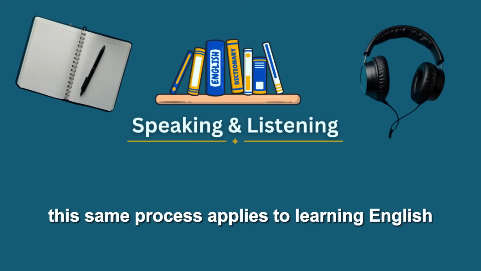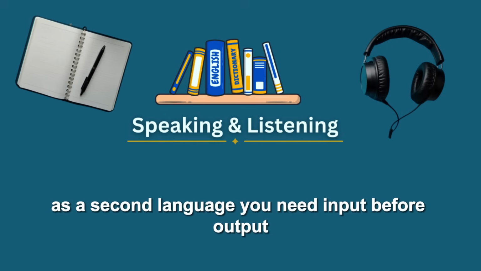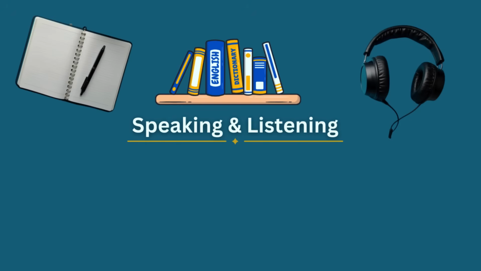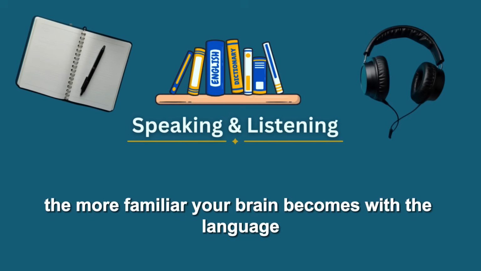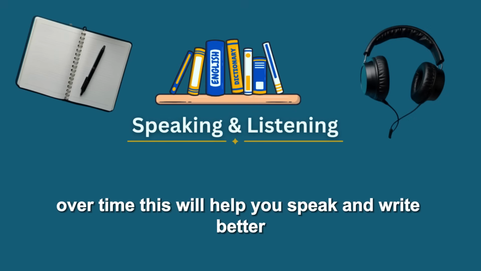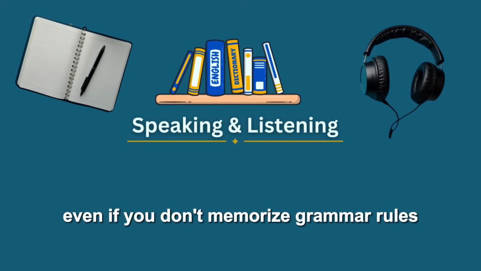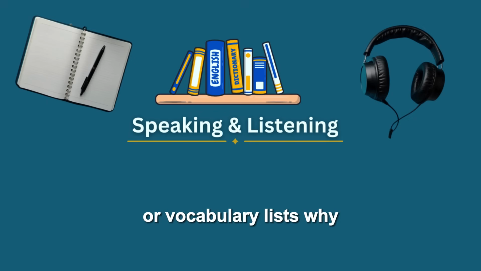This same process applies to learning English as a second language. You need input before output. So, the more English you listen to and read, the more familiar your brain becomes with the language. Over time, this will help you speak and write better, even if you don't memorize grammar rules or vocabulary lists.